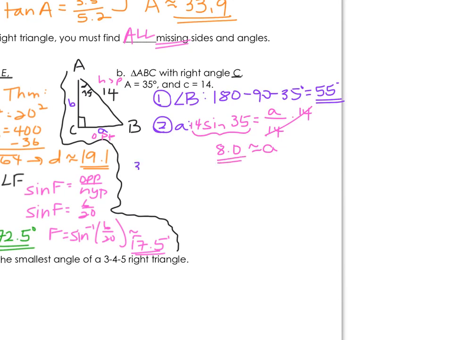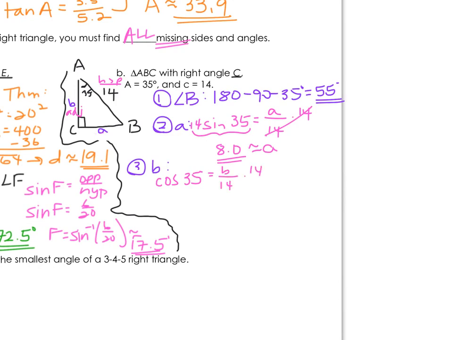Now, to get that last side length b, I'm going to change up what's opposite and adjacent. From 35, side length b is now the adjacent side. And then 14 is still the hypotenuse. That means we would apply the cosine ratio. Cosine of angle A, which is 35 degrees, equals adjacent over hypotenuse.